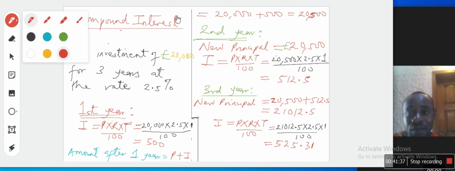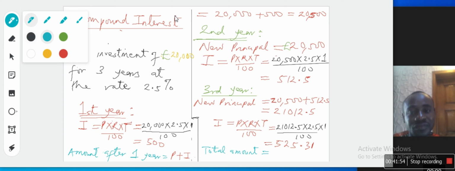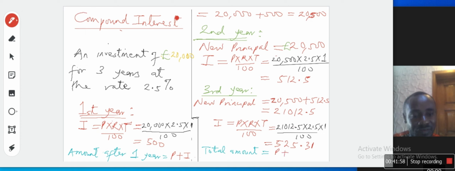The total amount at the end of 3 years will now be that principal plus this interest, isn't it? Principal plus interest, which is what?